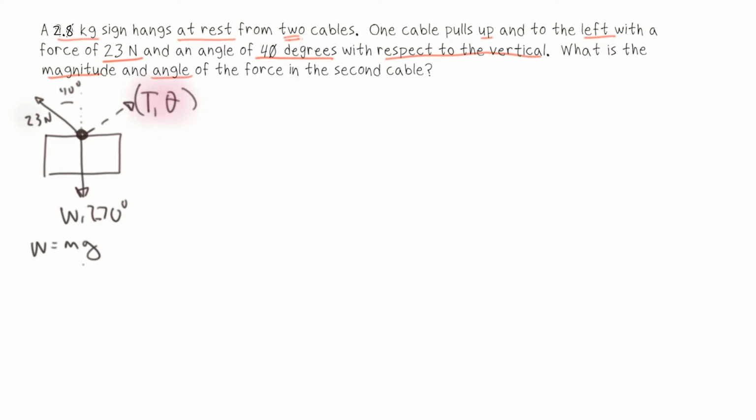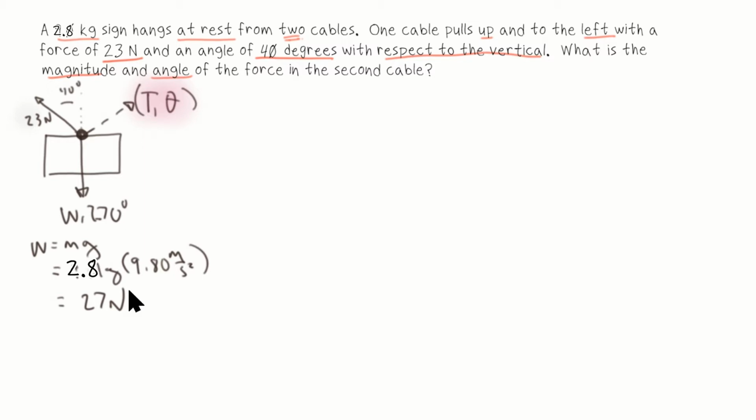So that makes the weight of the sign 9 kilograms times 9.80 meters per second squared, which is 27 newtons. So do not forget to include the weight of the object, even if the problem doesn't specifically tell you to.